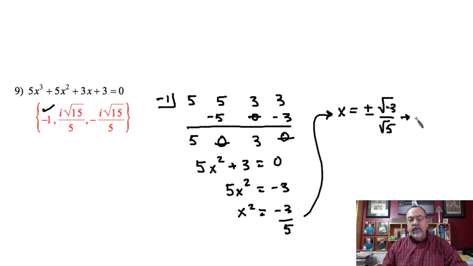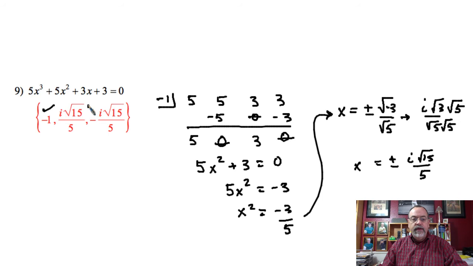The negative root I can't handle, so I'll handle it by using the i. And then we'll rationalize our denominator. So x is equal to plus or minus i square root of 15 over 5. And you can see that we have the correct answer.